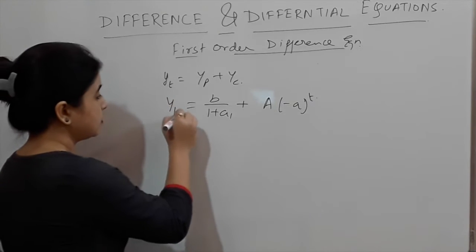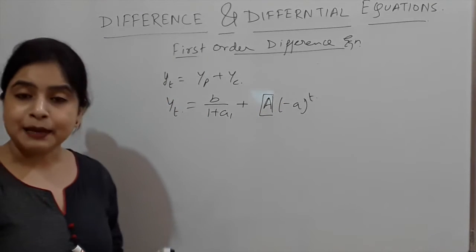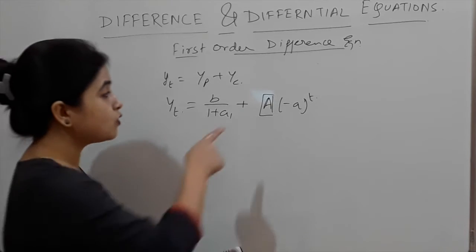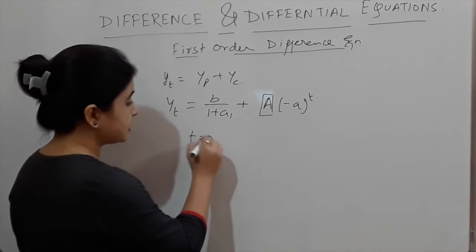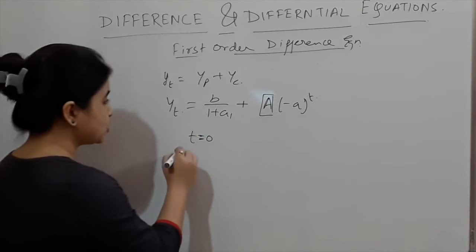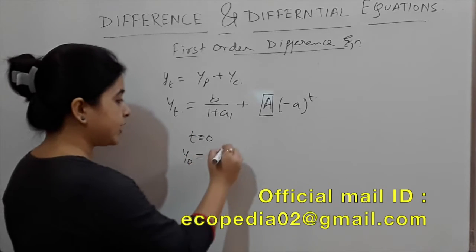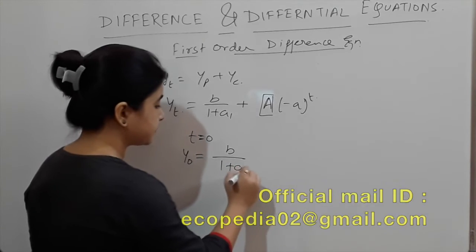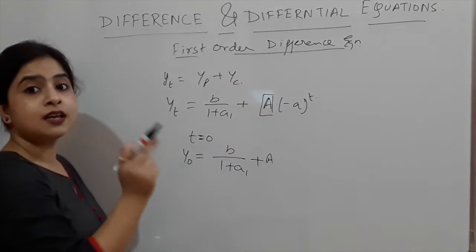Now, if we want to finally comment on the time path, we also need to find the value of this capital A. For that, we will consider the initial time, that is t equal to 0. So this is the value of y0, equal to b over 1 plus a1, plus capital A, because this whole thing becomes 0.